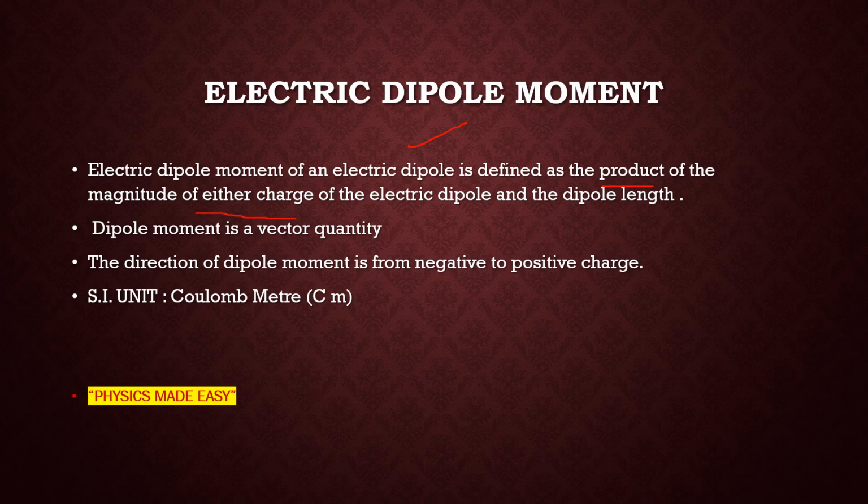Dipole moment is a vector quantity, as its direction is always taken from the negative to the positive charge, and its unit can be calculated from its mathematical equation, that is coulomb meter. Coulomb denotes the unit of the magnitude of either charge and the meter is the unit of the dipole length.